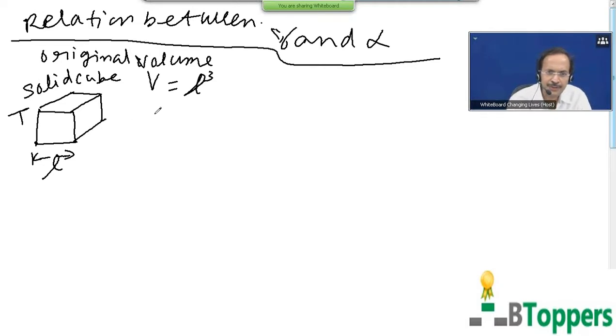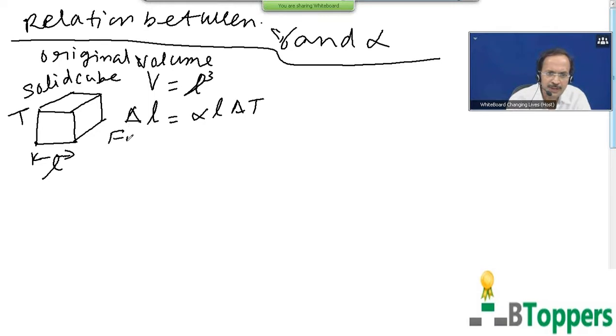So when the solid is heated uniformly, the length will increase. The increase in the length you can write as alpha into original length into increase in temperature.